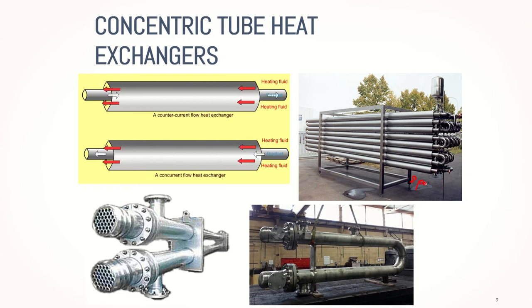So 8 pass concentric tube exchangers, and this is very tall. If a normal person stands next to it, it would be very large. Similarly, for these two pass heat exchangers, it would be quite large, so that's why the space occupied is quite big.